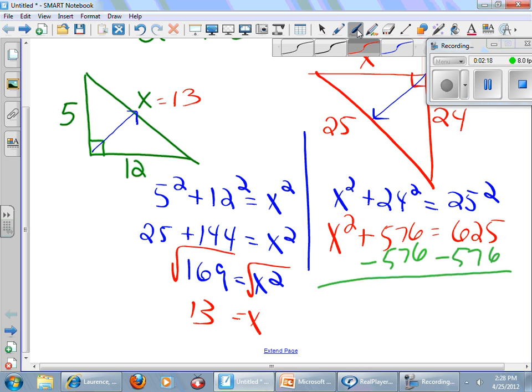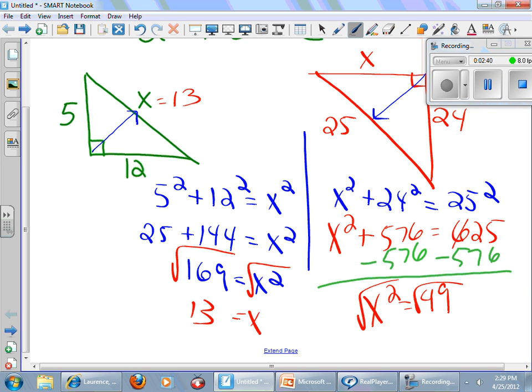When I do that, I'm going to get x squared, and let's see here, going to do a lot of borrowing. I think I'm going to get like 49. Is that right? It doesn't feel right, but I think it is. Let me check. Yes, it is 49. Good. Take the square root of each side, and then x is going to equal 7.